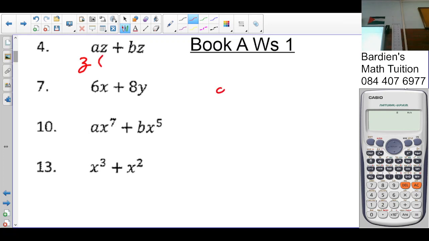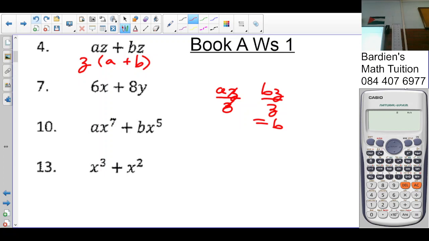So it's AZ divided by Z. What's AZ divided by Z? Not so? Plus BZ divided by Z. And check this, what's A times Z? And Z times B? BZ. You guys understand?